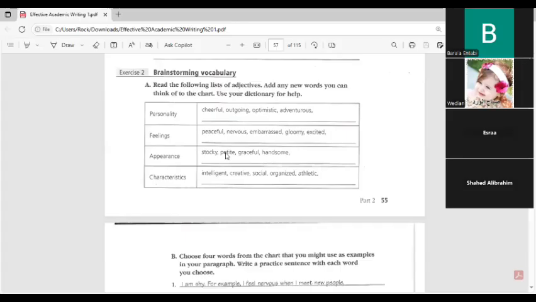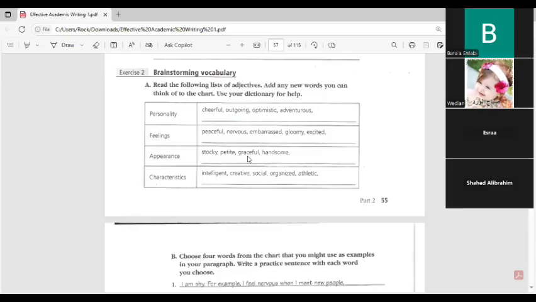It's similar to slim or thin, but she's short. For example, if I am describing a woman. So stocky is like معبى, petite is ناعم.